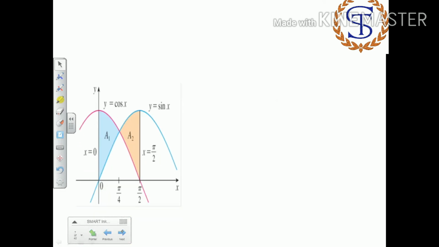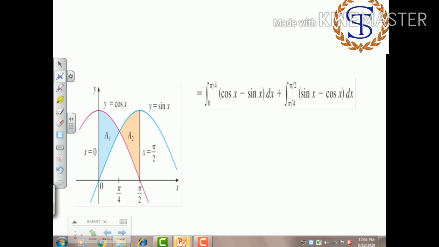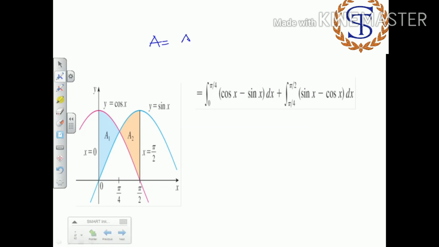So therefore the area of the shaded portion, that is A1, is y2 minus y1, where y2 is cos x and y1 is sin x. So here the area of this rectangular strip is y2 minus y1, that is cos x minus sin x.